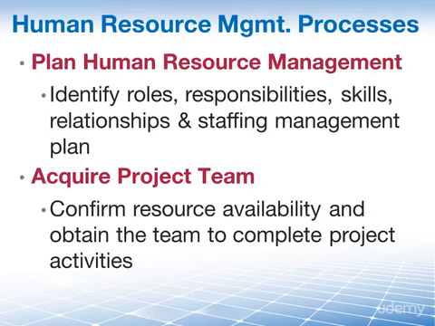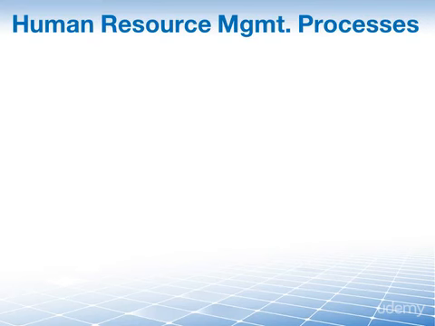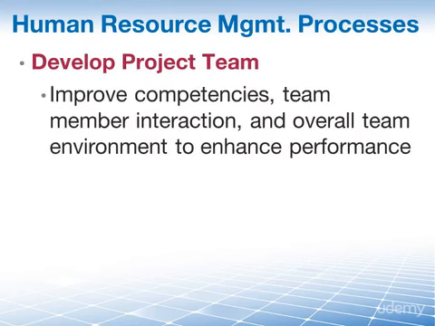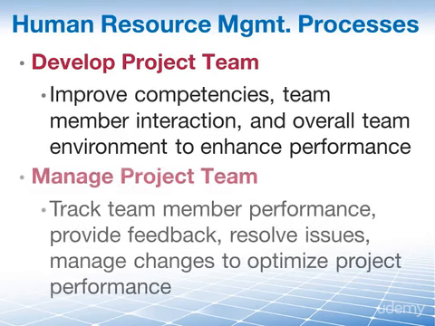Maybe they don't have all the necessary skills, so we're going to have to develop our project team. The process of improving competencies, team member interaction, and overall team environment to enhance project performance. There's also an administrative side to all of this. We also have to manage our project team. This is the process of tracking team member performance, providing feedback, resolving issues, and managing team changes to optimize project performance.